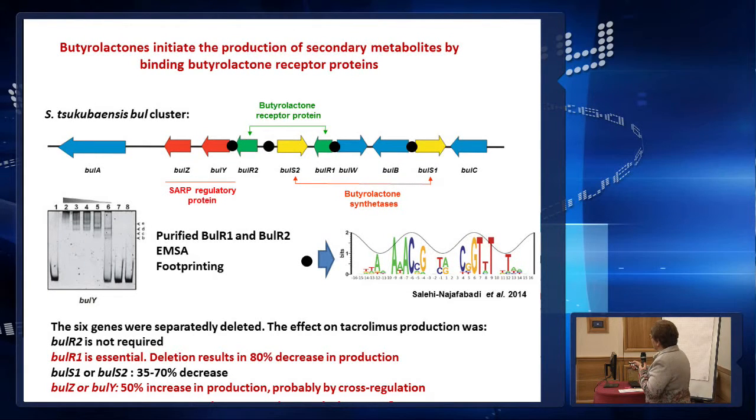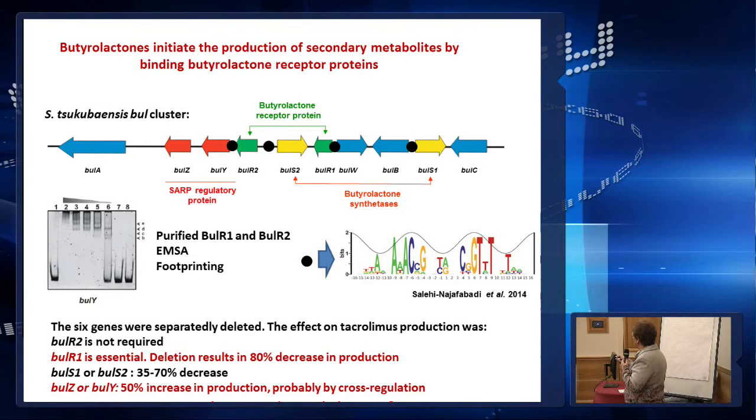So the BulR1 and BulR2 genes were overexpressed, the proteins were purified, and these purified proteins, with EMSA studies and footprinting, allowed the detection of different boxes for binding.